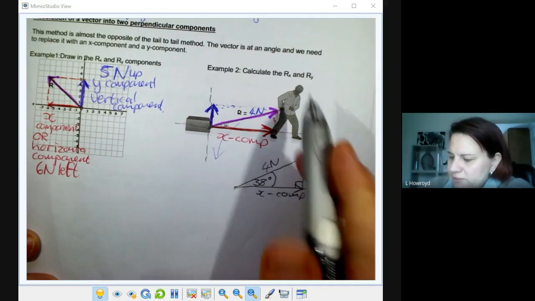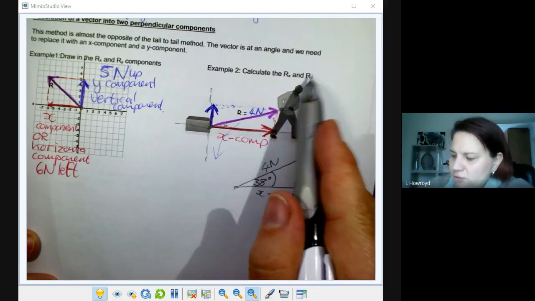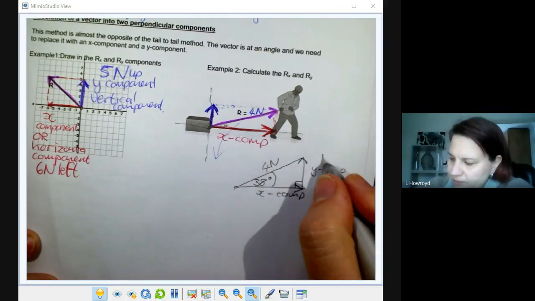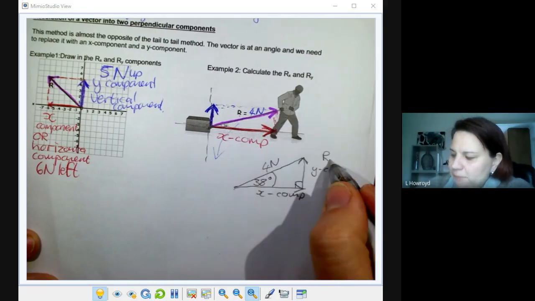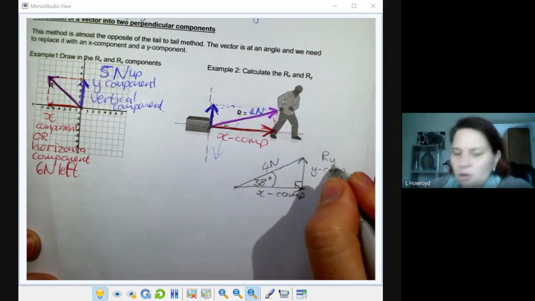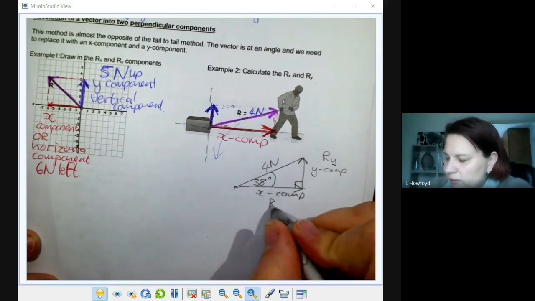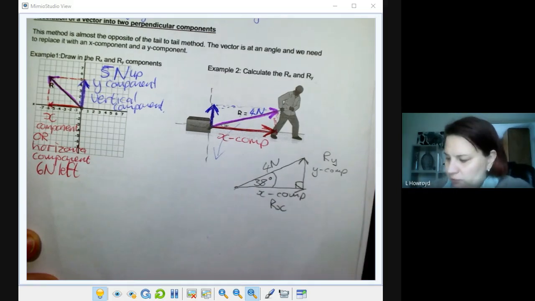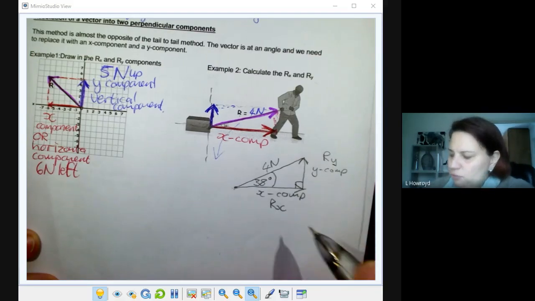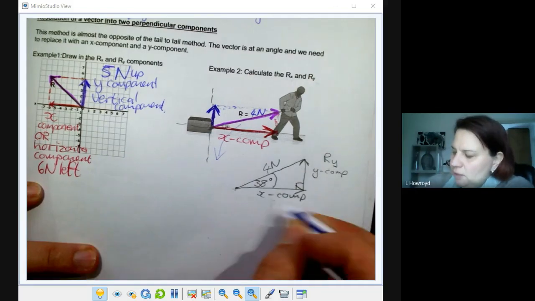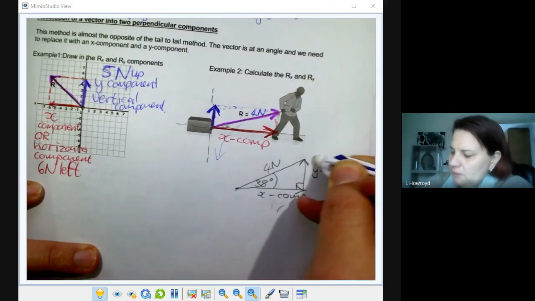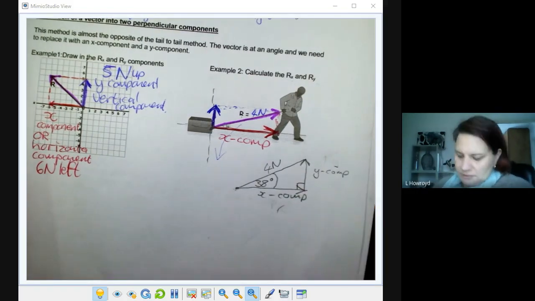Okay, now you'll see at the top here I've said Rx and Ry. We can represent them as, yes, our R was 4, but if I break it up into the R's Y component and R's X component, okay, we can refer to it like that, but you really don't have to. In fact, I'm not going to. I'm just going to talk about an X component and a Y component. Okay, so let's do some colors so that we can see what's going on.